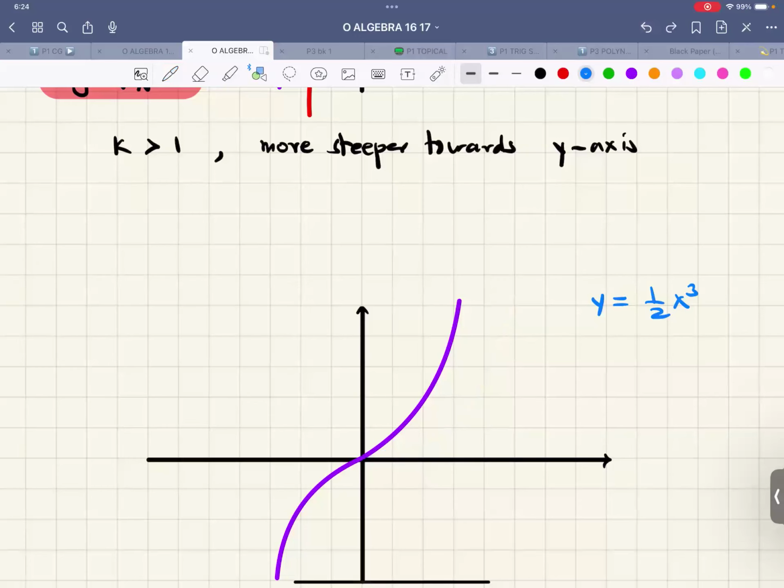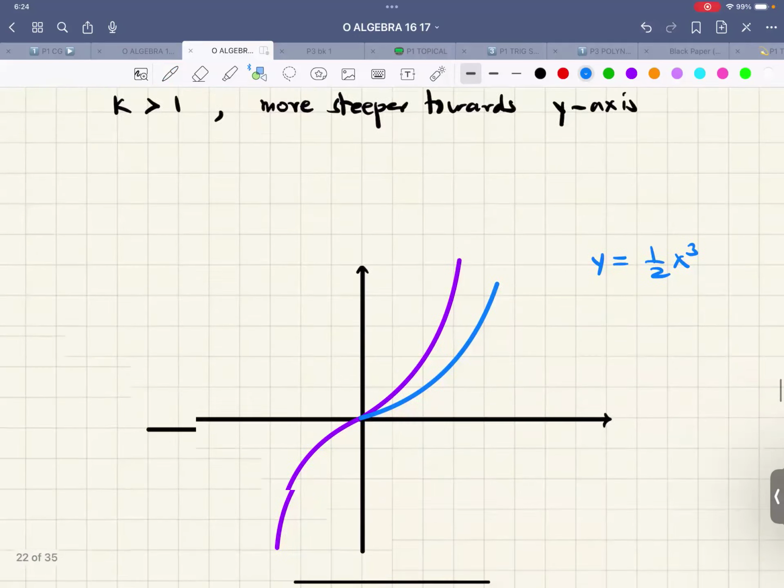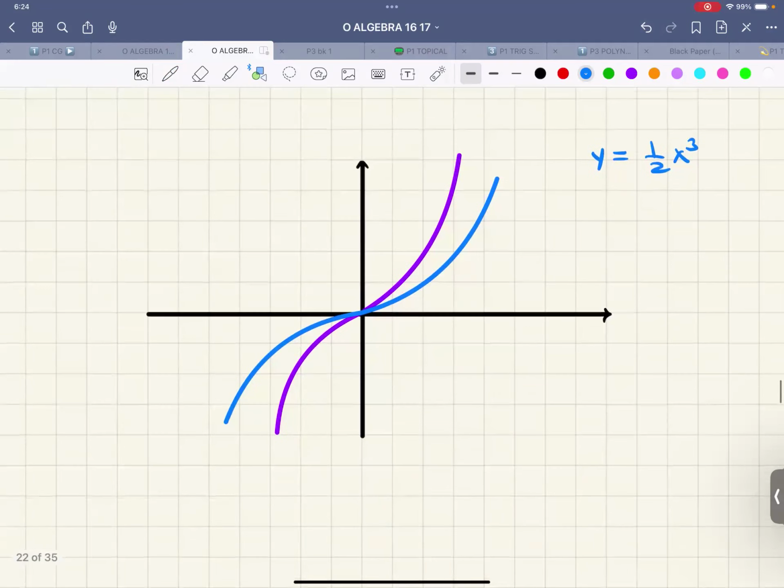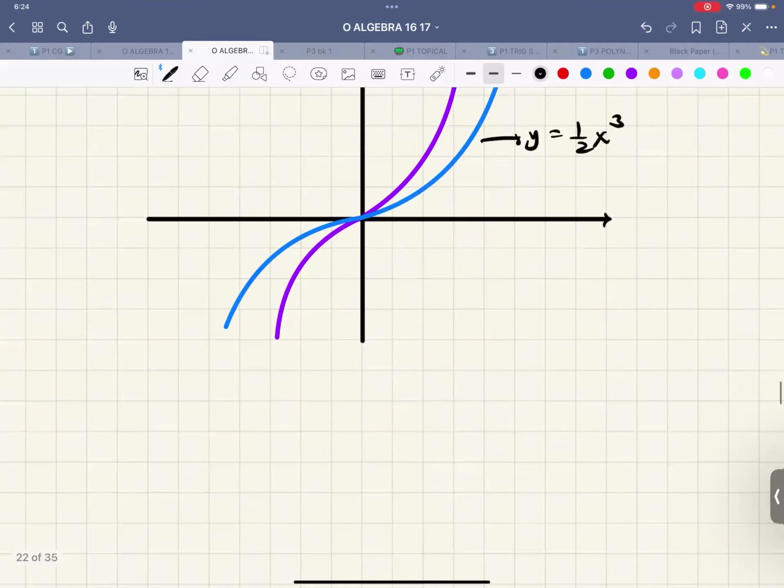Let me get this thing ready. And this goes like this. So now y equals half x cubed. Again, this is the original one, x cubed. This is y equals half x cubed. It gets flatter towards the x-axis.